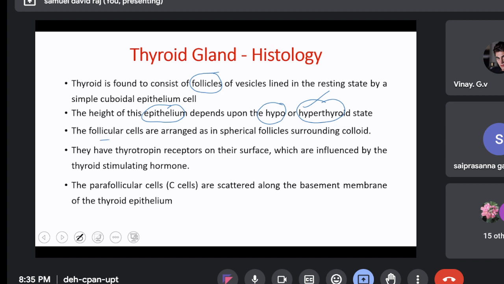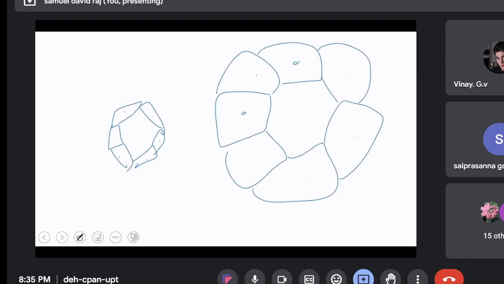And these cells are arranged in spherical structures called thyroid follicles. These thyroid follicular epithelial cells have thyrotropin receptors on their surface. Each cell shows a thyrotropin receptor.